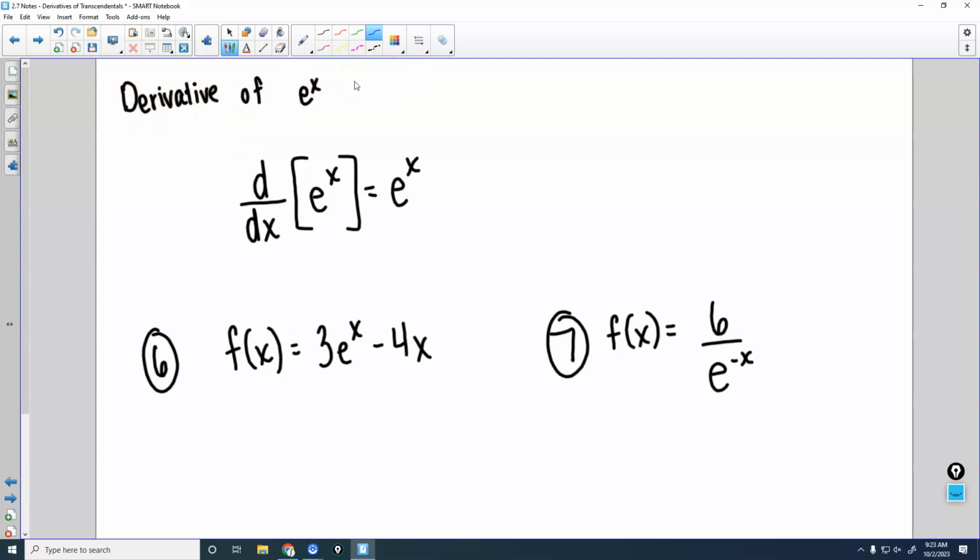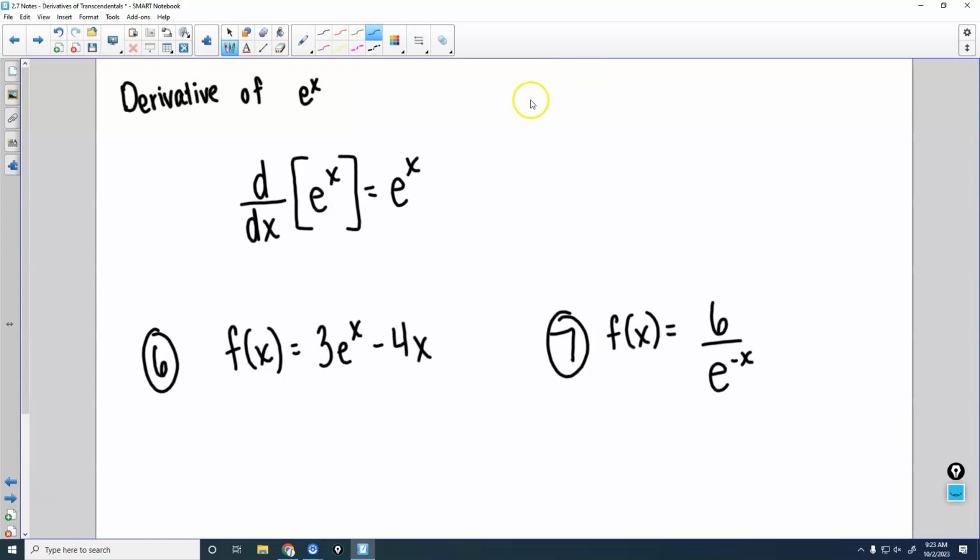The exponential function e to the x is a remarkable function because it is one of the few things, maybe the only thing, that is its own derivative. So the slope of e to the x at any point is e to the x. So it is its own derivative.